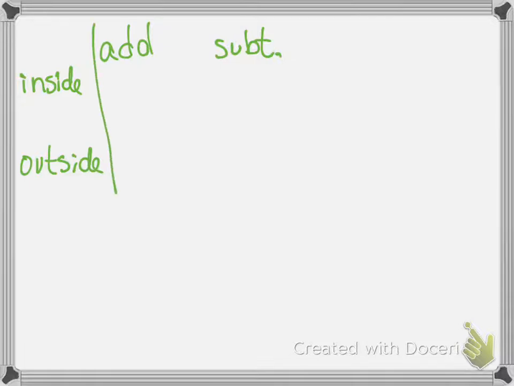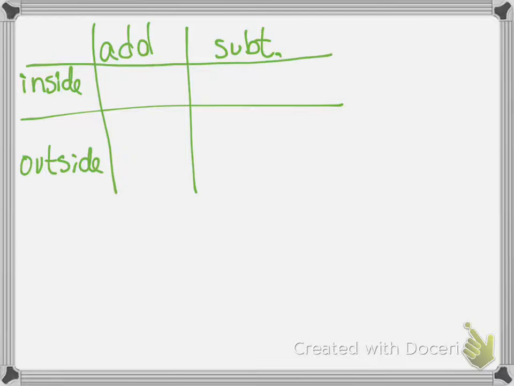So this table might help some of you decide how things will move. Actually, let's start with outside, because I think outside's easier. If we're adding outside, which way are we going? So we're going up or down. Which one is it if we're adding? Up.